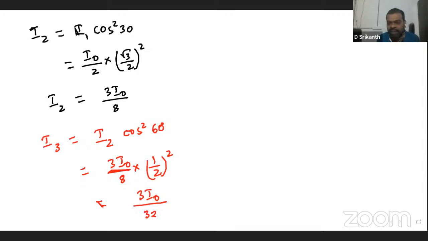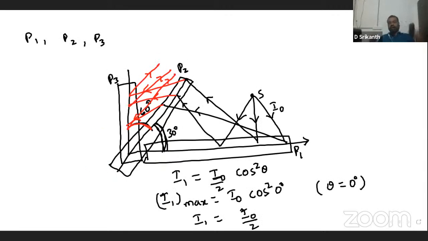So in the question, they may ask what is the intensity of the emitted light from the second polarizer, or what is the intensity of the emitted light from the third polarizer. This model is the most important with respect to your board and with respect to your entrance.